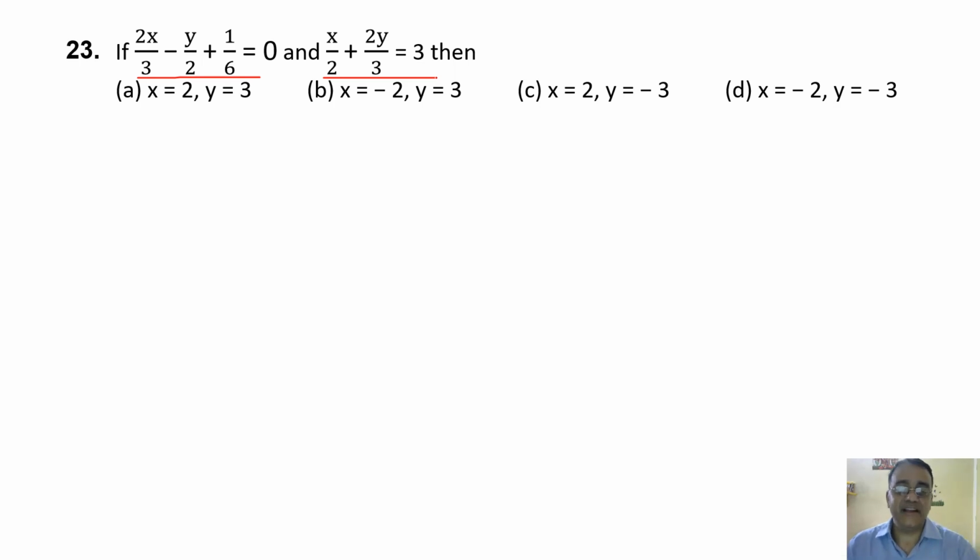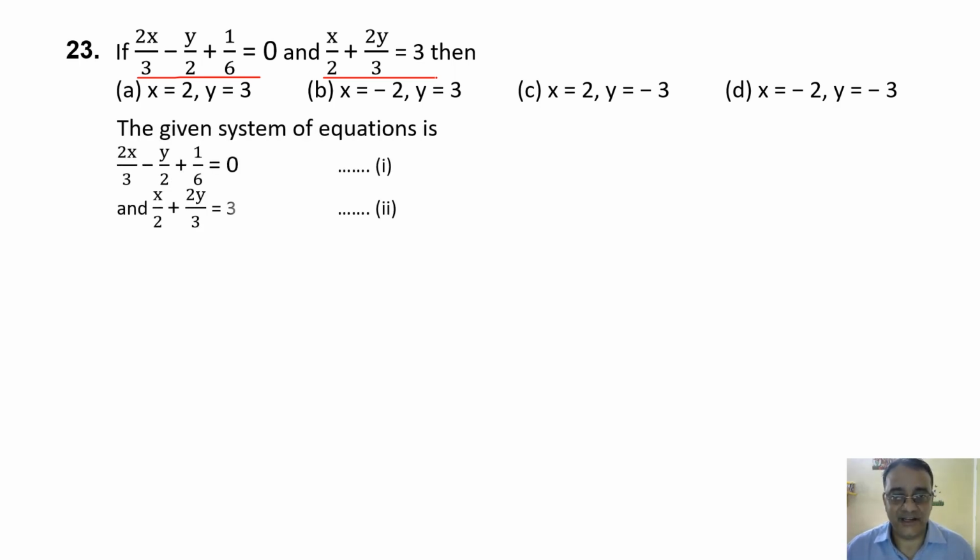So कैसे simplify करेंगे देखो, पहले तो दोनों equations को लिख लिए, अभी इसमें into 6 कर लो पूरा, दोनों में into 6. So what you will get here, if you multiply with 6, this first term will become 4x and this will become minus 3y and this will become plus 1. Or if you shift to this side, it will become minus 1.